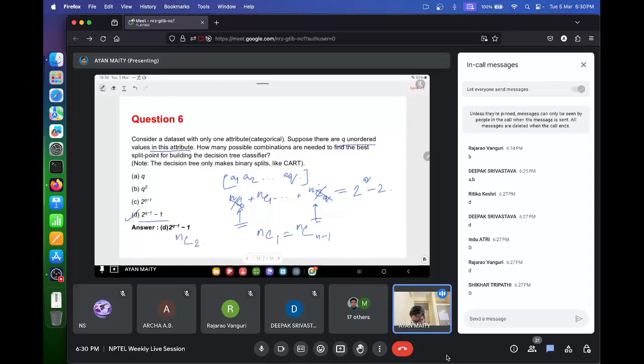Similarly, NC2 is the same as NC(n minus 2). So we need only one half of these additions, so we have to divide this by 2. 2 to the power q minus 2 divided by 2, which is 2 to the power q minus 1, minus 1.